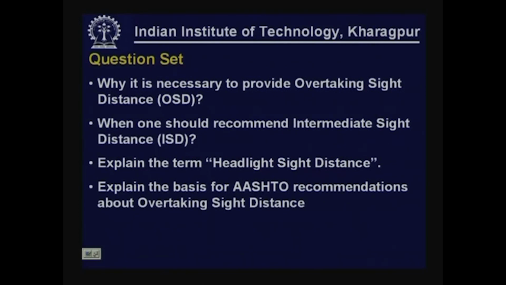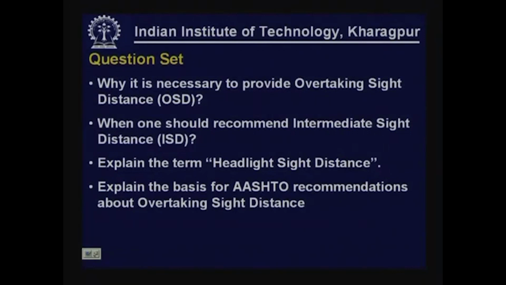So, why is it required to provide overtaking sight distance, under which conditions or for which type of facilities? Then second question, when should one recommend intermediate sight distance?